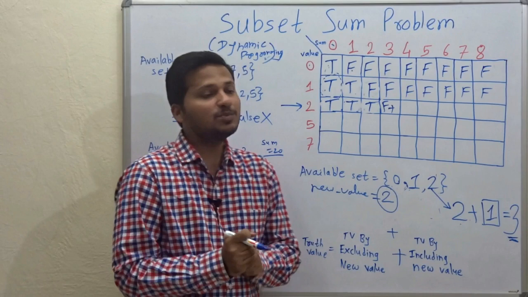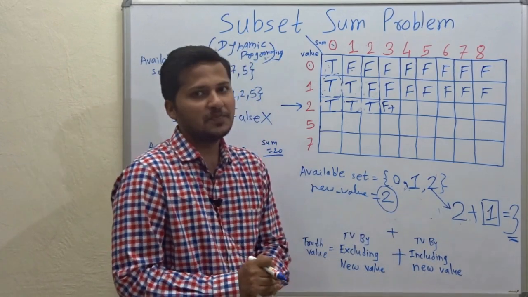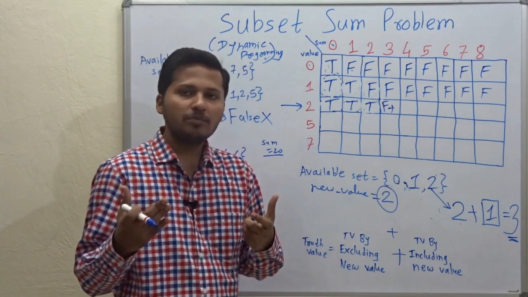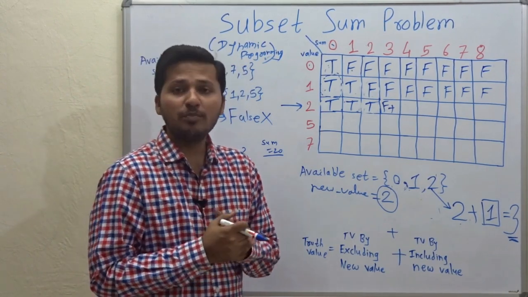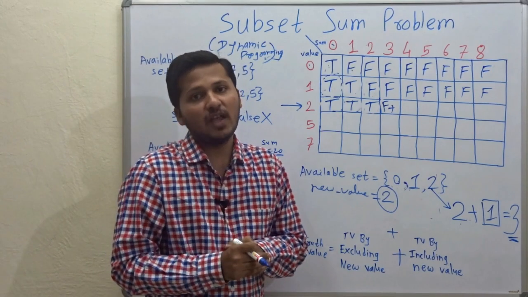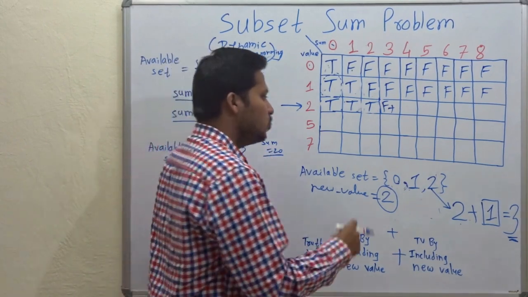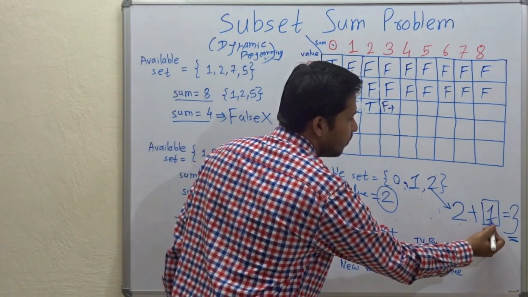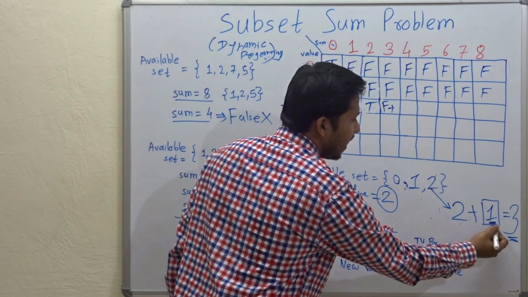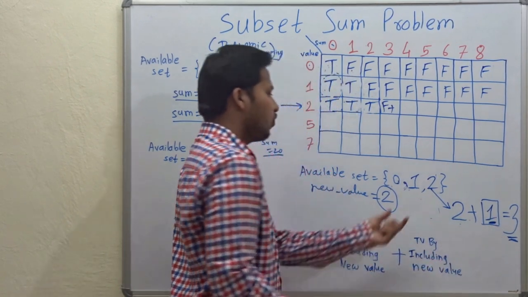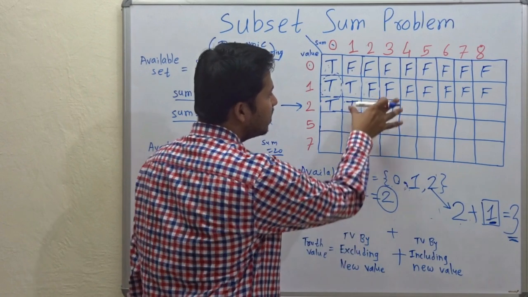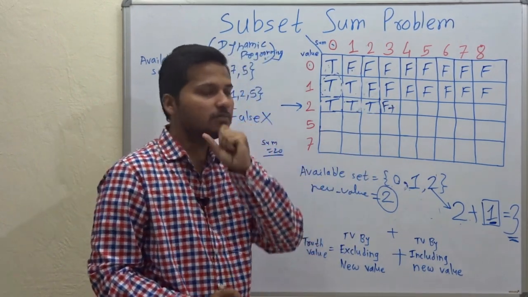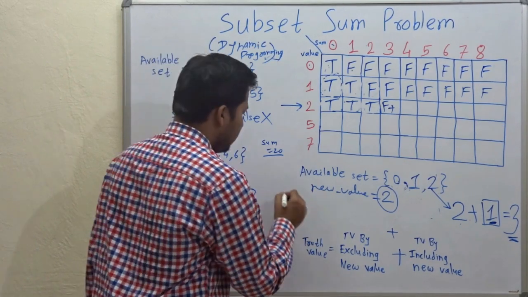But you can tell this only because these values are so small. If you are given thousands of values and you have to form a very big total, this is not possible by just watching the values. So you have to take this answer, whether you have 1 available from the remaining set, from the memoization matrix. This is where the memoization term comes into play.